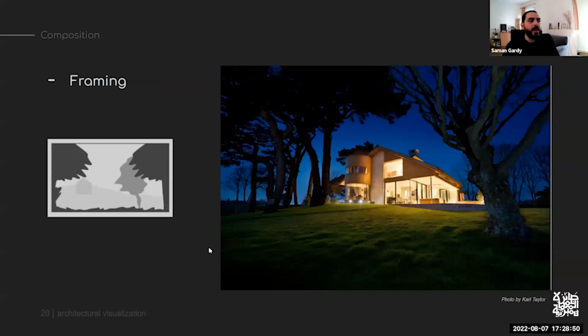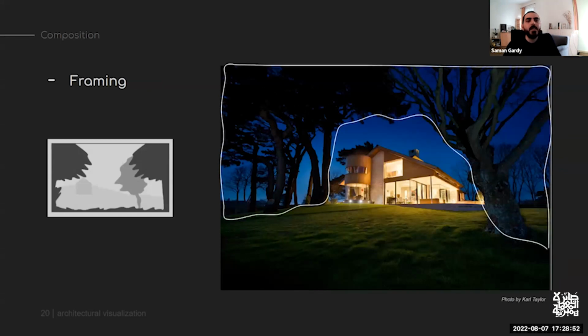Now we have framing. Framing is another great method to draw viewers' attention to the building or the message that we want to give here. And for that, of course, we can use trees.